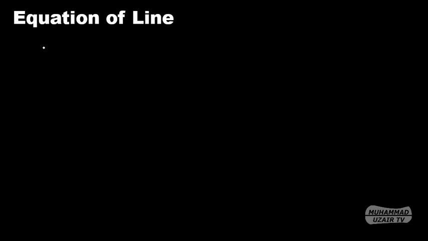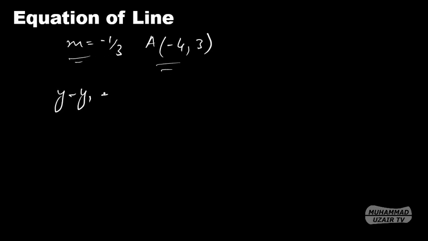Let's suppose we have slope minus 1 over 3 and a point -4, 3. To find the equation of line for these two parameters, as we already know slope and a point, we directly use this formula.